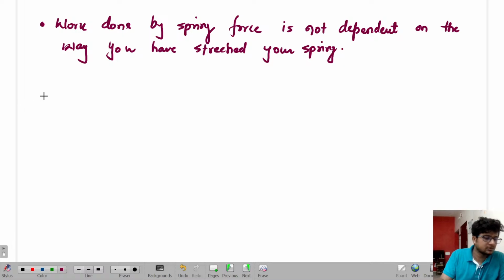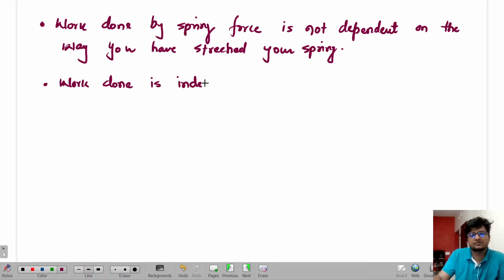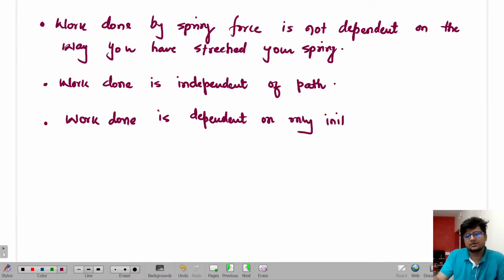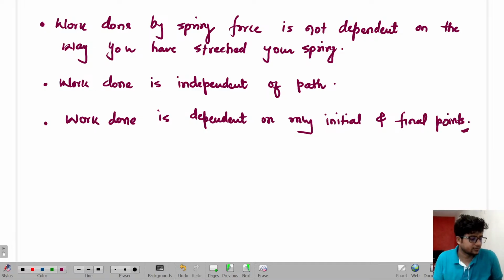Second point, this work done is independent of path. And third point, this work done is dependent only on the initial and final positions. Is this clear or not clear?